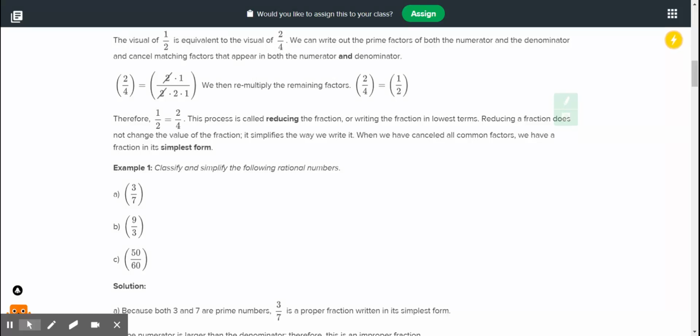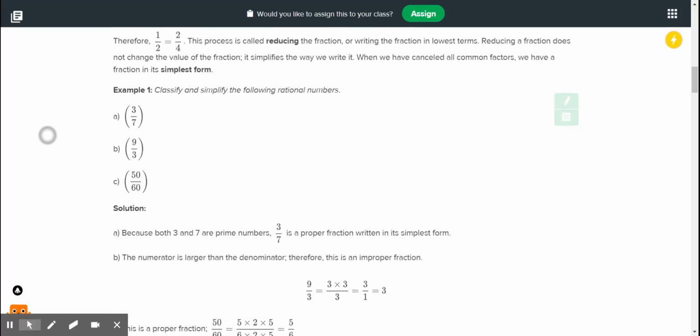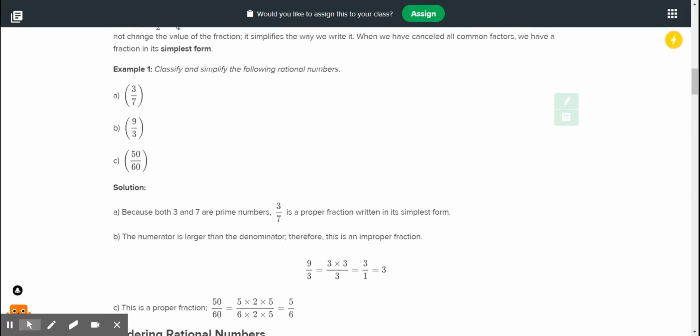So let's take a moment on example 1 and we will classify and then simplify the following rational numbers. So the first one here is 3/7. The 3 is smaller than the 7. The numerator is smaller than the denominator. So I know that this is a proper fraction.